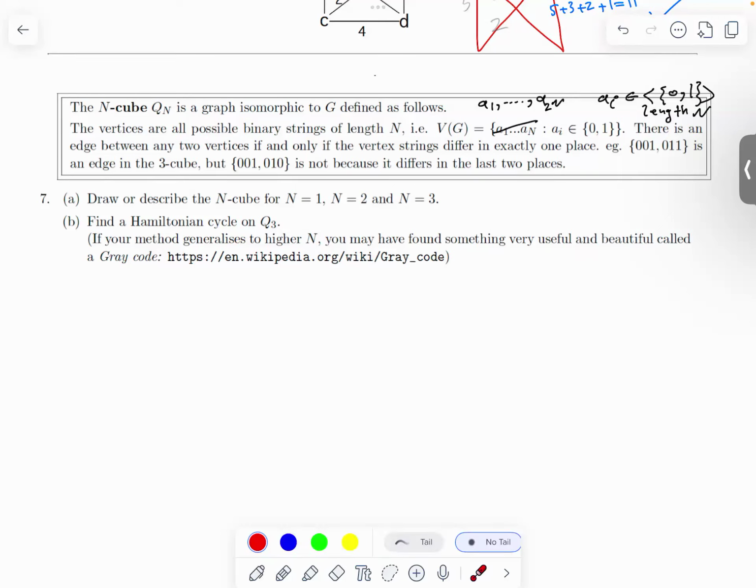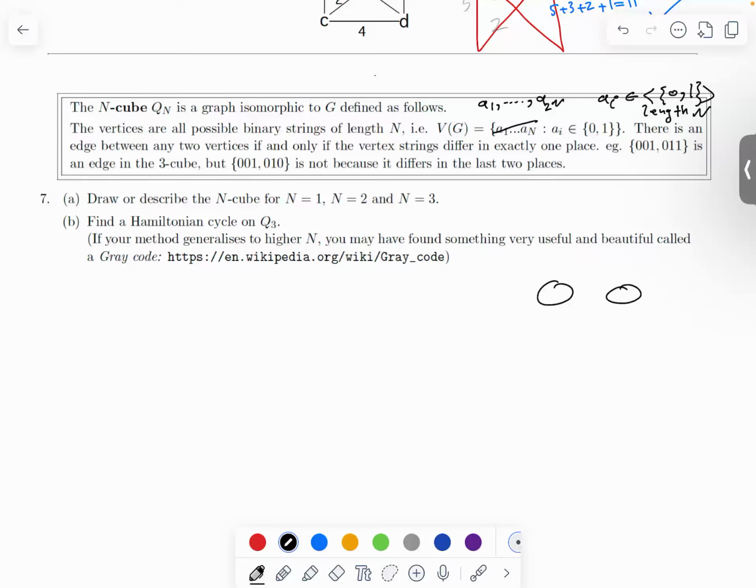So given that we have these vertices, how do we connect them? To describe your graph, not only vertices, you need to describe your edges as well. So an edge between any two vertices will be drawn if and only if the binary strings differ in exactly one place. For example, here 0, 0, 1, 0, 1, 1.